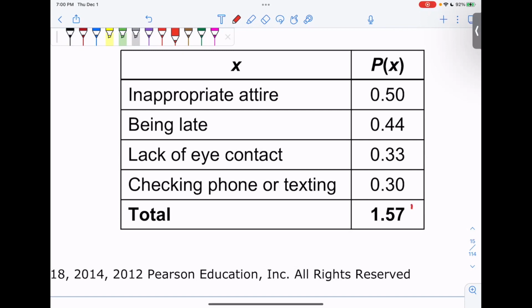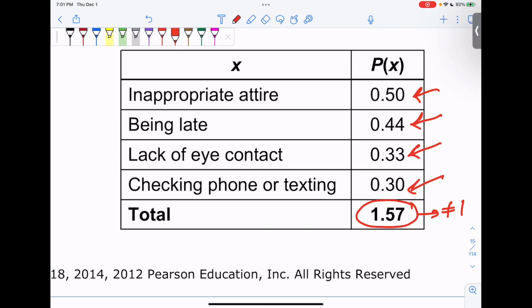Let's check the second condition, the summation equal to 1, which is not valid. But the third condition, each value between 0 and 1, is okay, right?